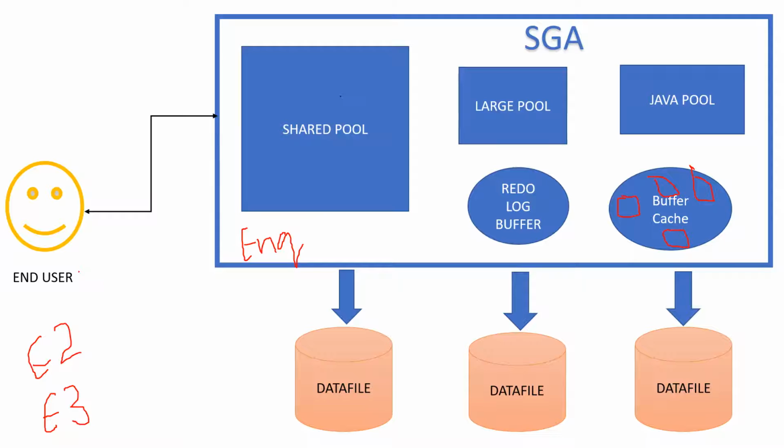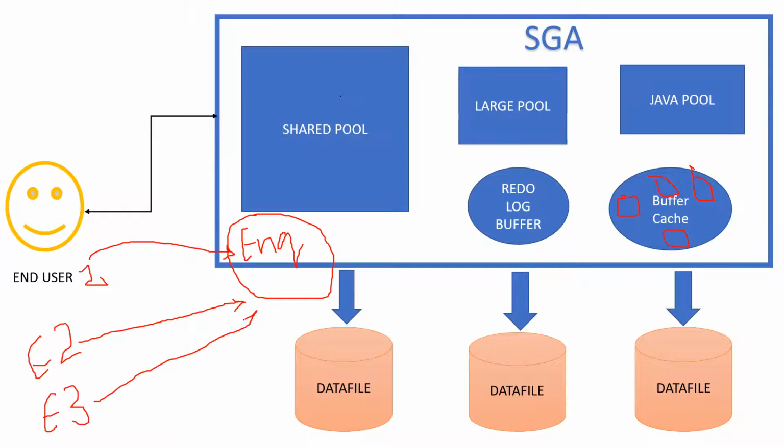So my first user is already using this Enqueue that is used to perform the shared operation for the resources such as SGA, shared pool component, buffer cache. Then the second user comes and wants the lock on the Enqueue shared memory component, and the third user comes who also wants a lock on the shared objects.